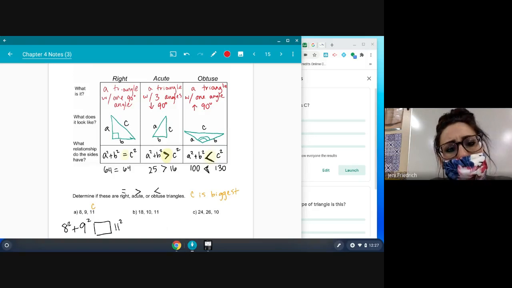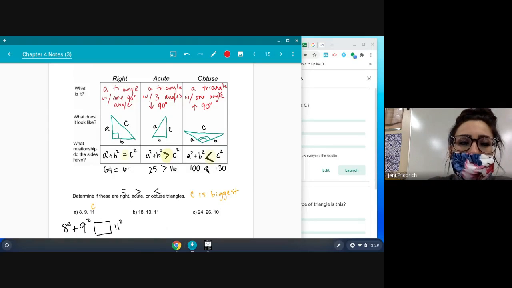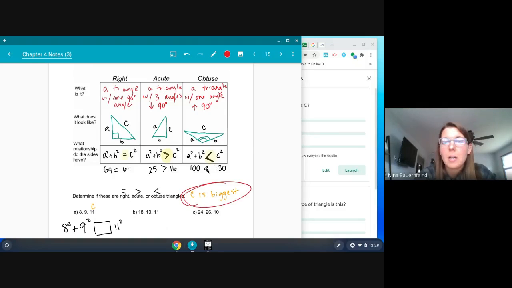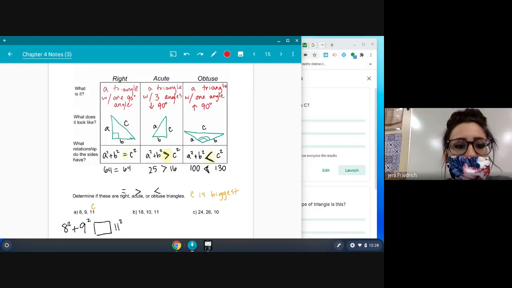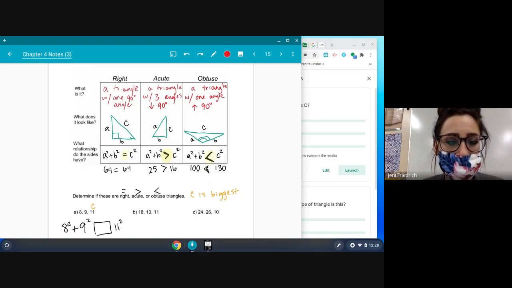And so the C, I was just trying to figure out for the C. But the C will just be the biggest number. Yep, because there's not like a hypotenuse. It's just going to end up being the biggest. Okay. Maybe it's just the way it was drawn. It looked like the hypotenuse. So never mind. Thank you.